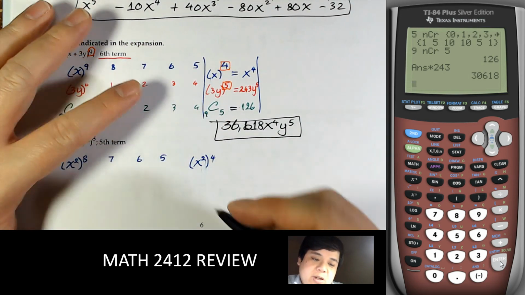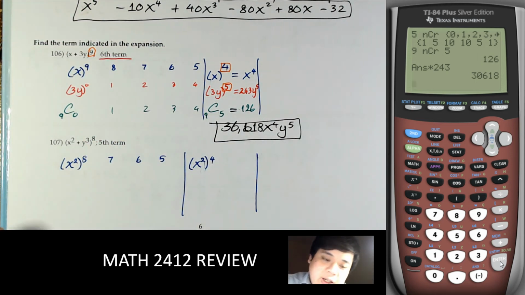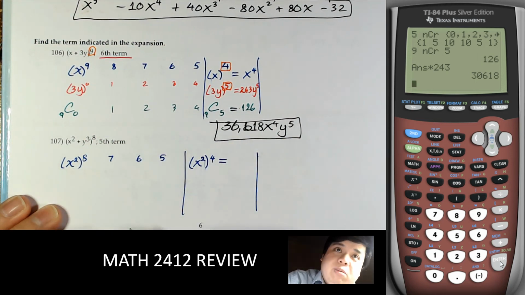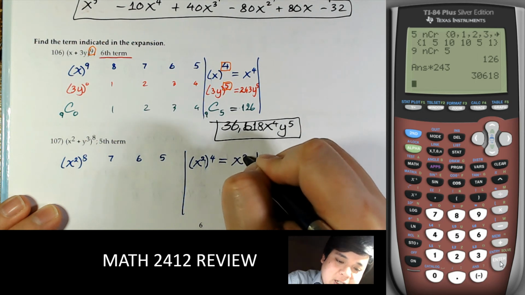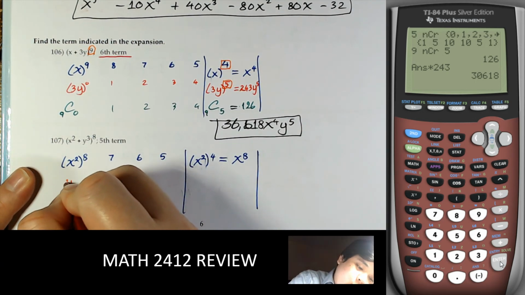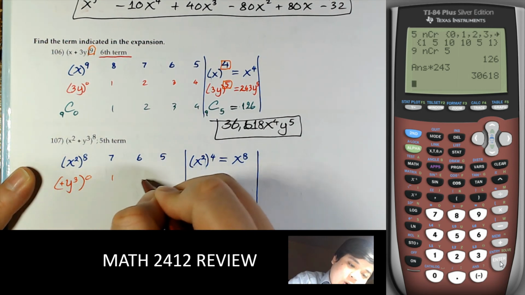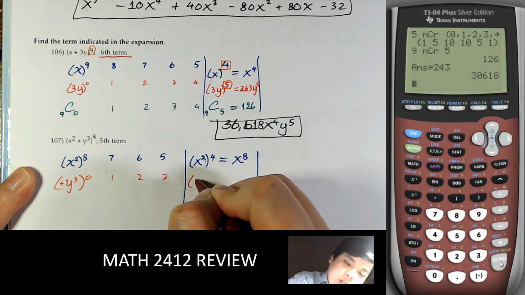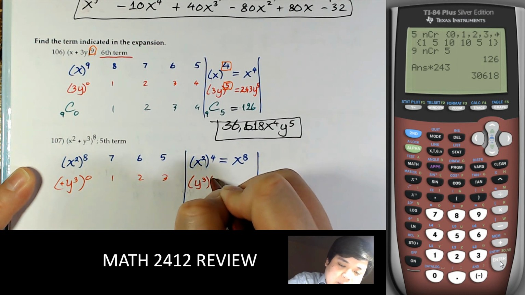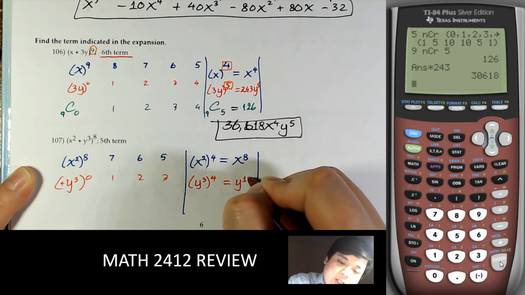That's the 5th term, so that's the 5th column. x squared to the 4th power is x to the 8. And then we have the second term, positive y cubed, starting from 0, 1, 2, 3, to the 4th. So y to the 12th power.